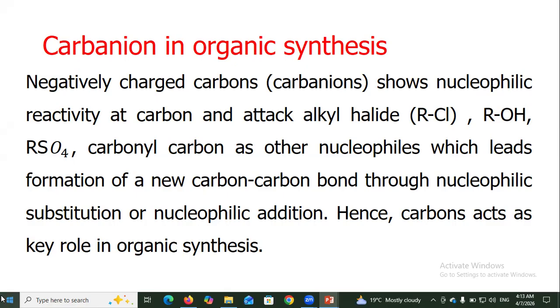Hence, carbanions play a key role in organic synthesis.